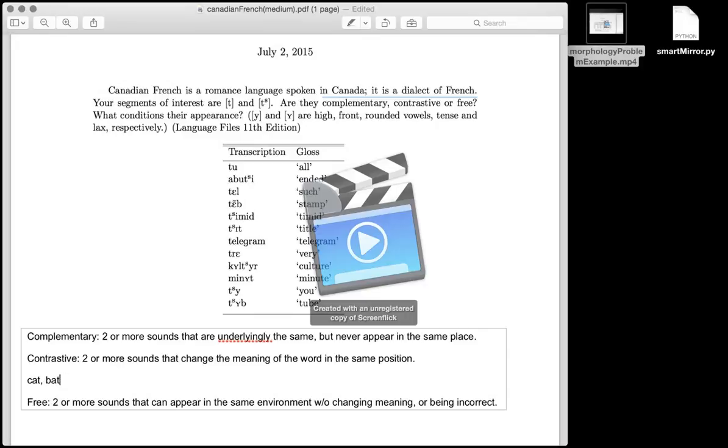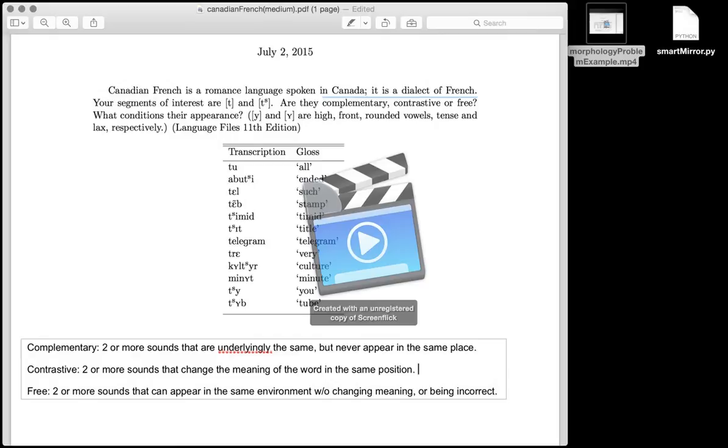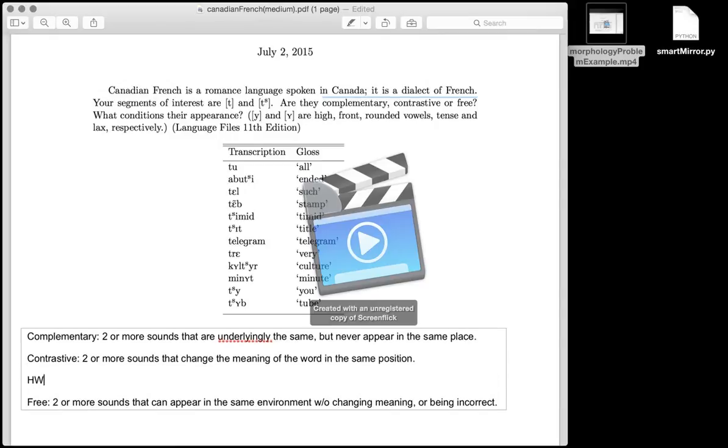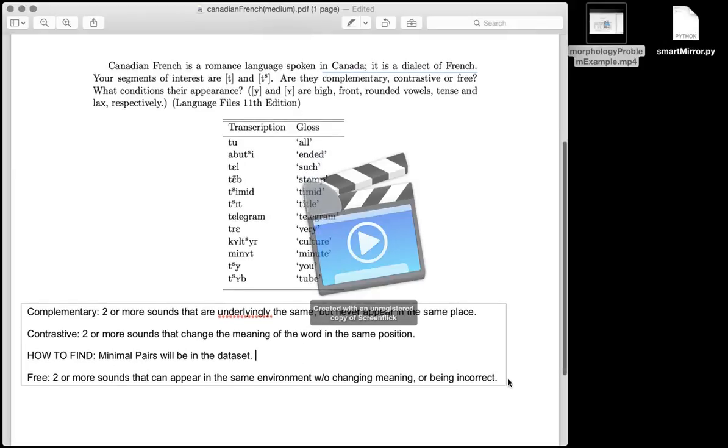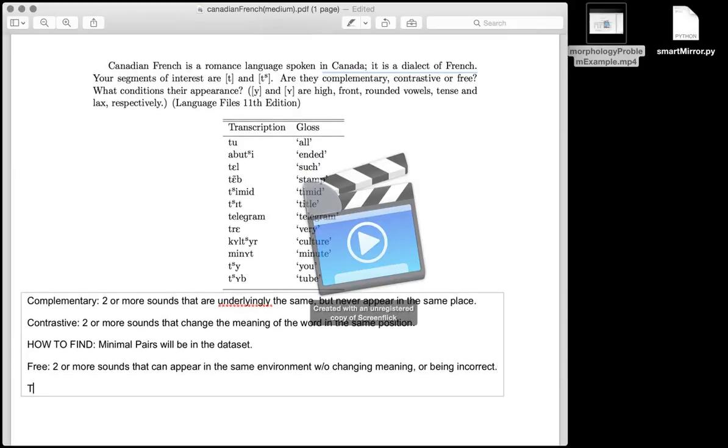And finding contrastive sounds, as a quick hint, is really easy. So I'll put now how to do this. So contrastive, how to find. You'll then find minimal pairs in the data set. Free variation is also really easy to find in the data set.